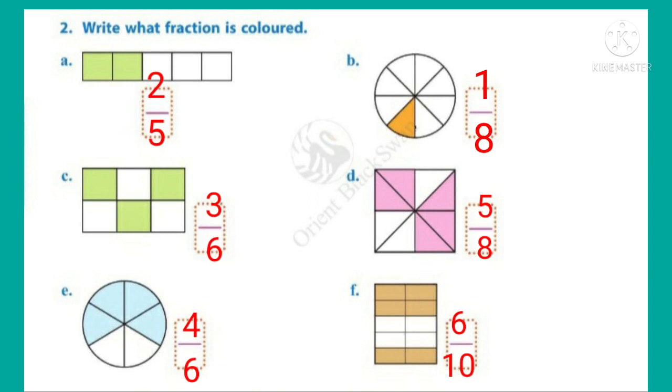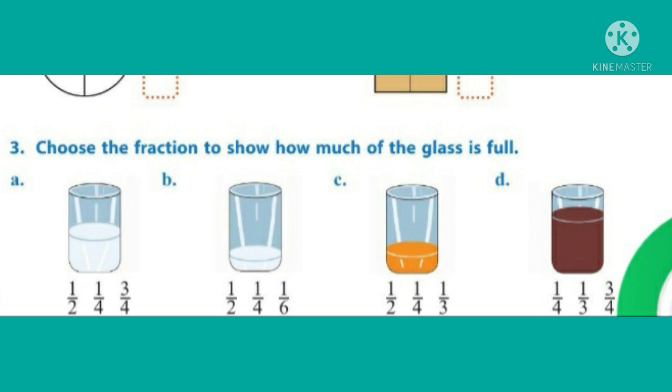Now let's move on to the next question in exercise 4. Choose the fraction to show how much of the glass is full. Children, let's observe the glass and find the fraction. We know that when whole is divided into 2, we get half, isn't it?